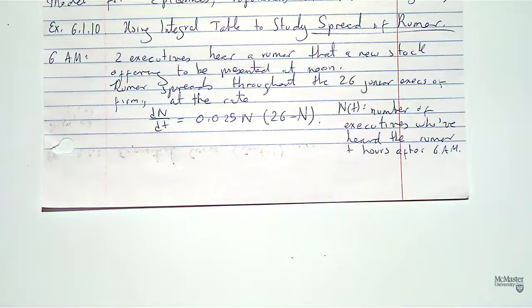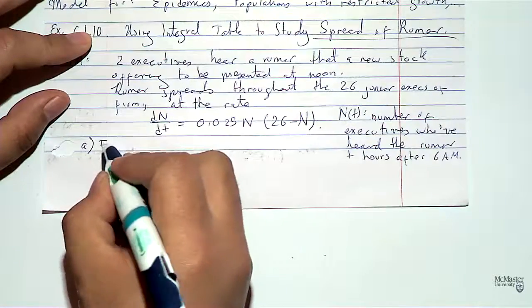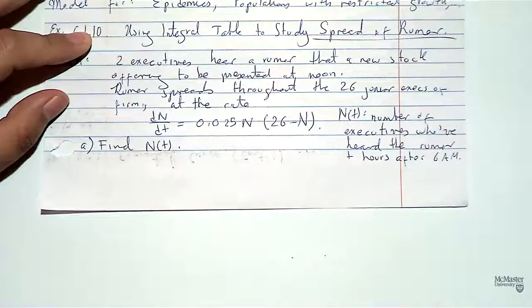First of all, executives are not a continuous variable, they are discrete. So this is a continuous model that is trying to approximate a discrete event. That is fine, in terms of the number of population. So the first task is to find n as a function of t.